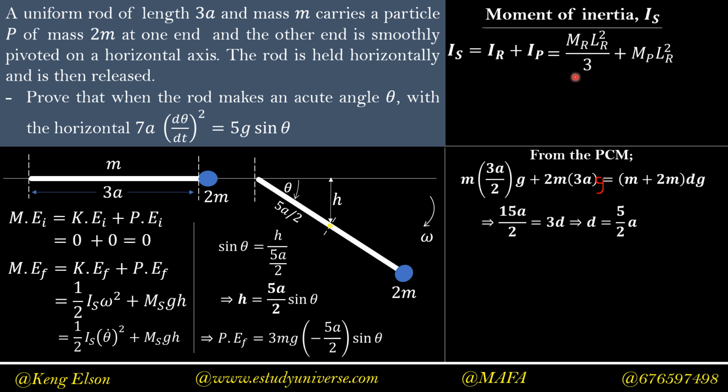All right, so you can check your formula booklet to be sure about this. Okay, so the moment of inertia of a rod about an axis passing through one of the ends and perpendicular to the plane of the rod is the mass of the rod times the length of the rod squared divided by 3. Now what about the moment of inertia of the particle about that axis?